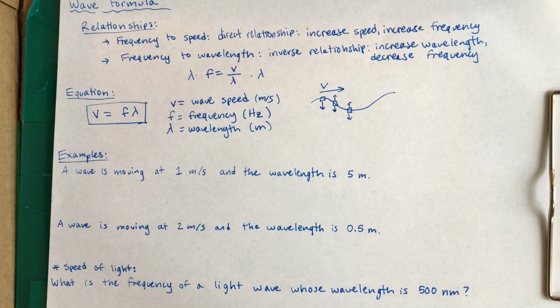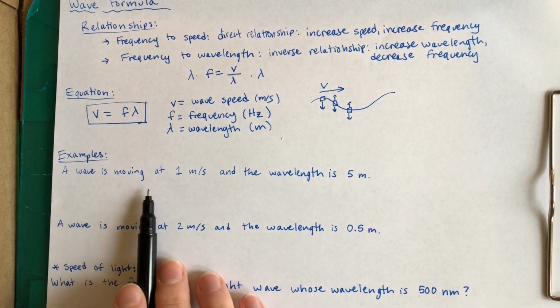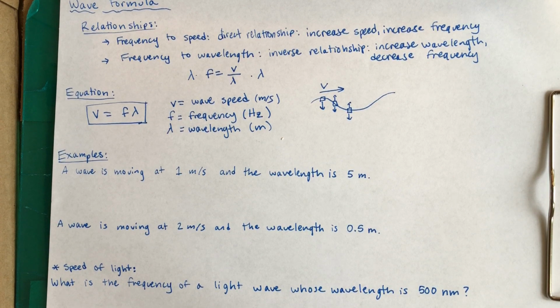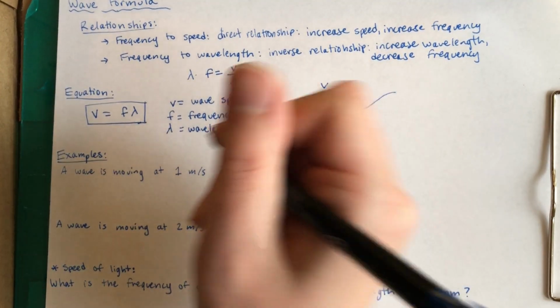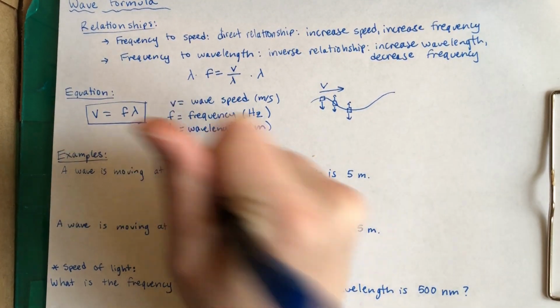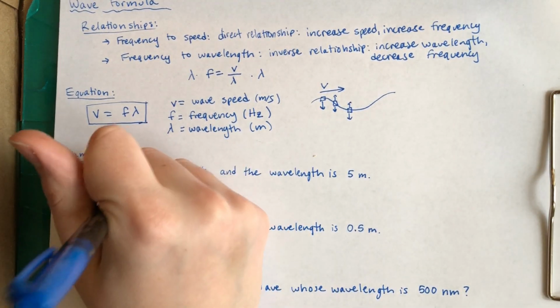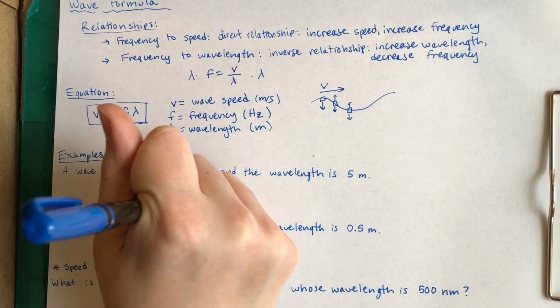The first one will hopefully give you more of an intuitive understanding of this equation. A wave is moving at 1 meter per second and the wavelength is 5 meters. So I'm going to draw a little person here, and then I'll draw a nice big long wave.